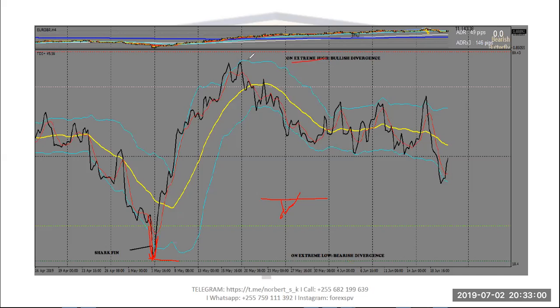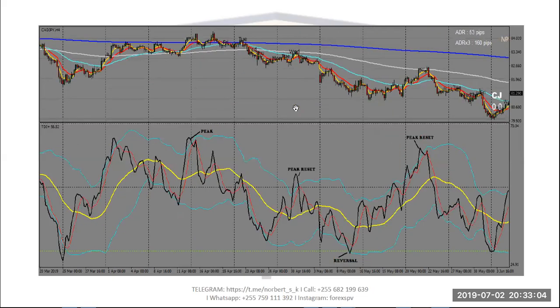So on the TDI, on the 4-hour time frame, we usually look for the shark fins. And the shark fins help us to identify the peaks. So when a peak is formed, we should see a shark fin. We should see that the RSI price line is outside the volatility band.